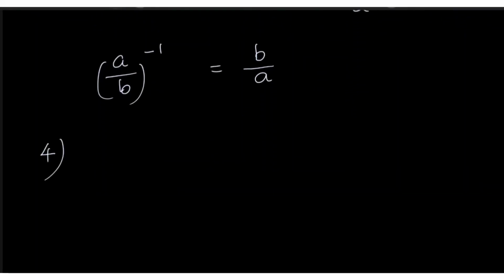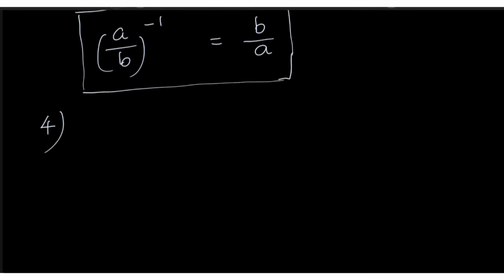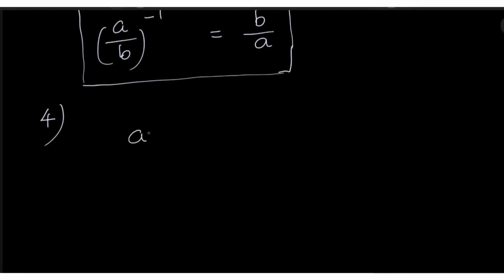Next is the fourth law, that is a raised to m, raised to n, is equal to a raised to m into n. This law is known as the power of a power. So the fourth law is the power of a power.